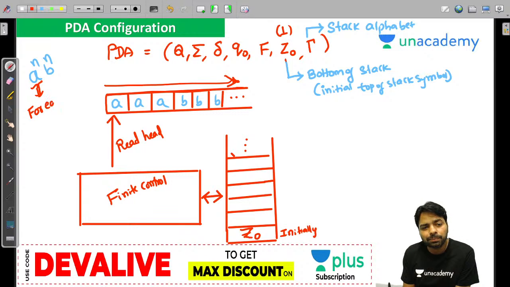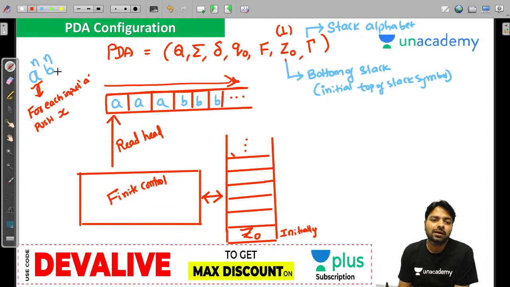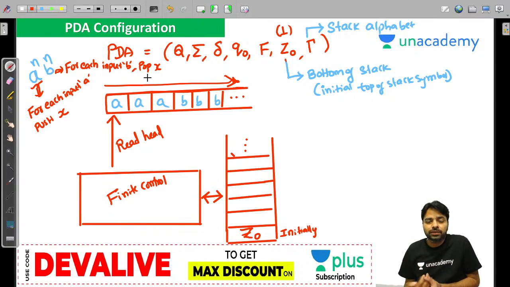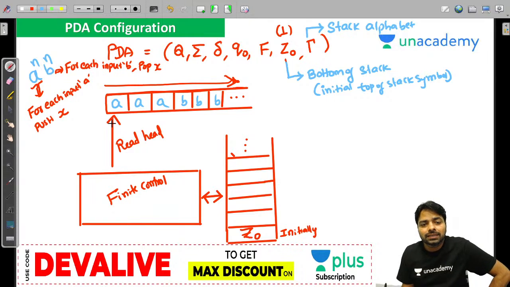For each input A, I push X. You could do otherwise, and for each B you could also push A. That's your choice. But I want to implement my way. For each input B, I will pop X, because I pushed X, so I need to pop X only.